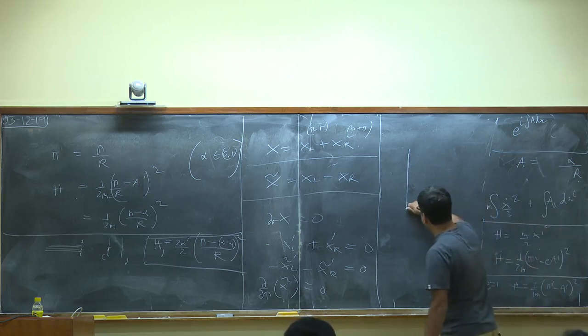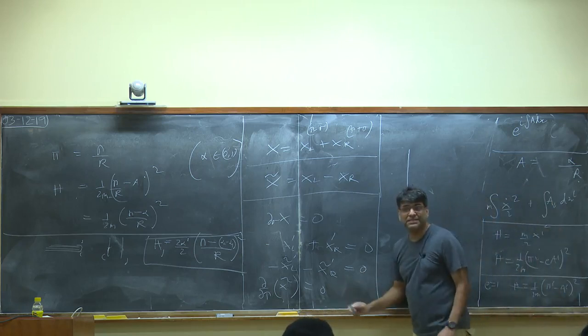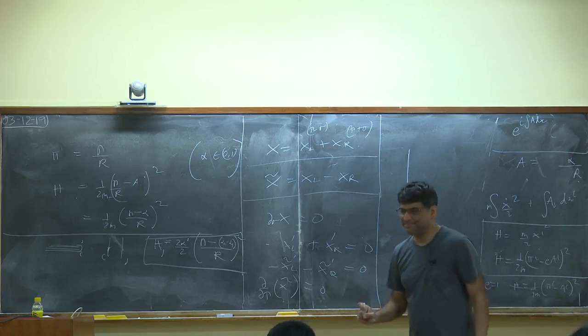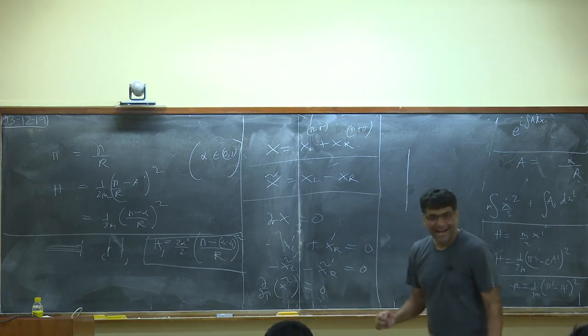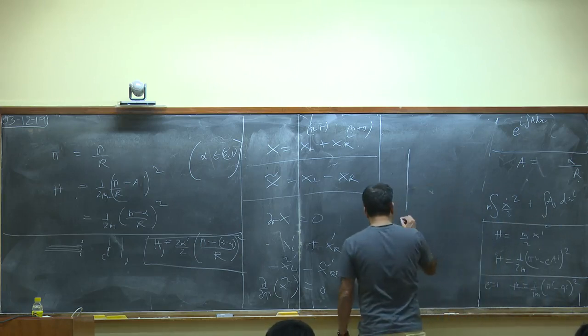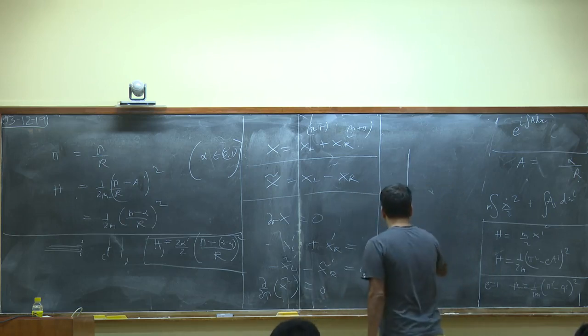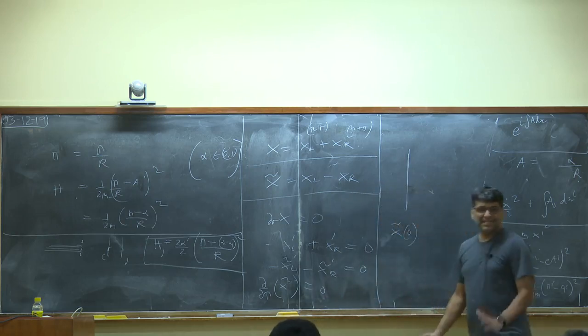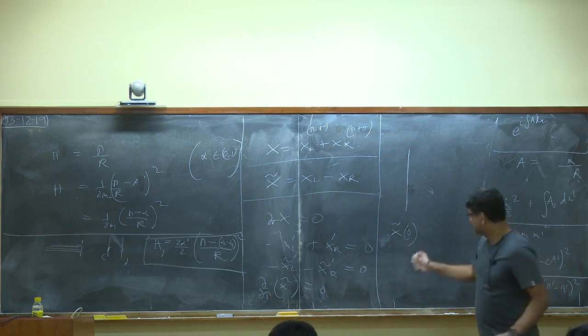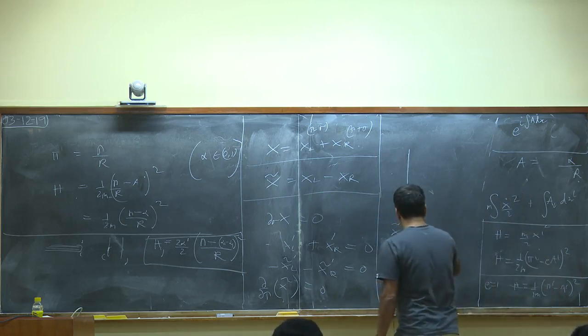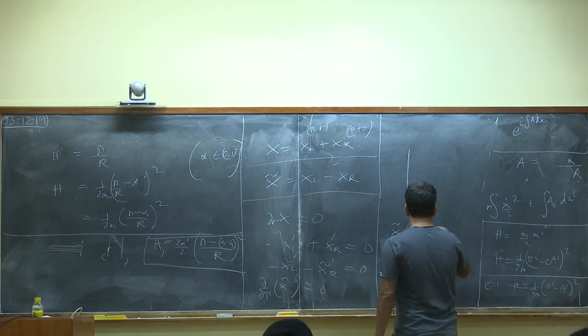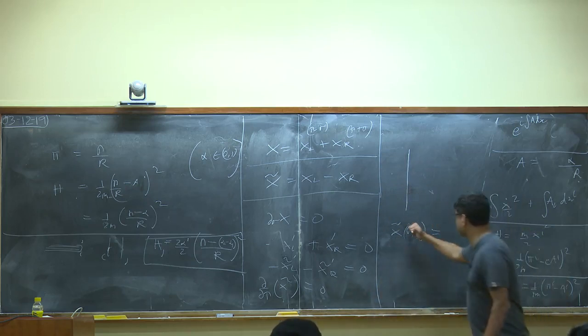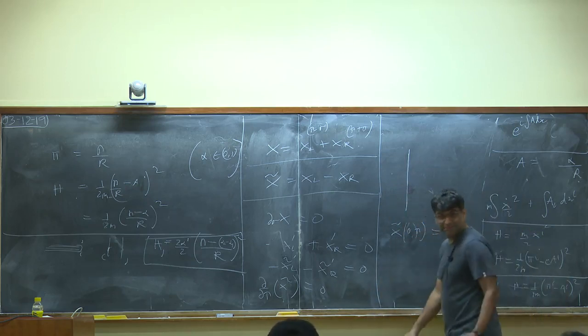Therefore, T-duality maps us to a new boundary condition. What we have is that x twiddle at sigma equals 0, for all tau, is some fixed number.